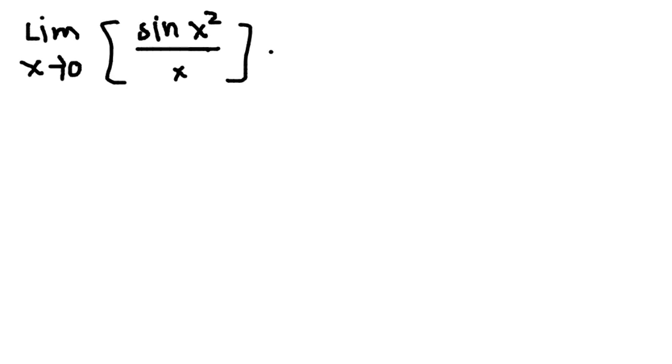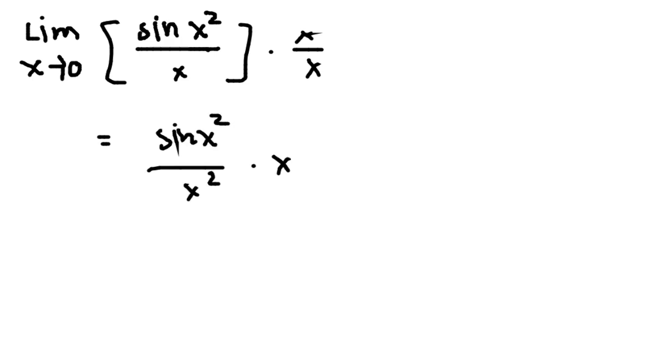As we can see here, the power is not on the sine itself but on the x itself. So what we're going to do is multiply this by x over x. So we get sine x squared divided by x squared, times x. So this is going to be 1, and then what we can do here is just plug in the 0. So this is still going to be 0.